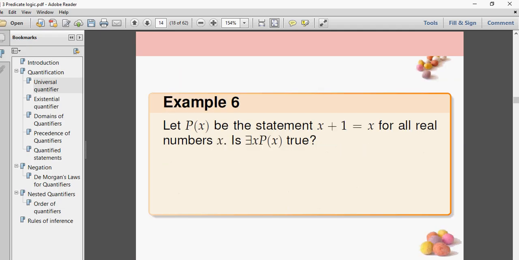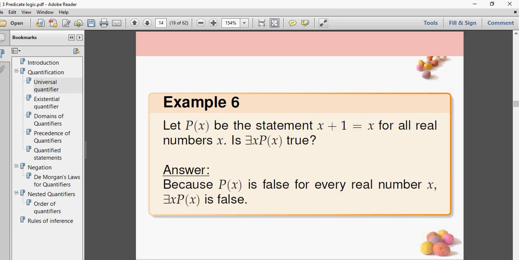Okay, let's have another example. Let B(x) be the statement x plus 1 equals x. For all real numbers, I need to check whether there exists x with B(x) true. Let's see. B(x) is false for every real number, so there exists x, B(x), is false. I cannot find this element.